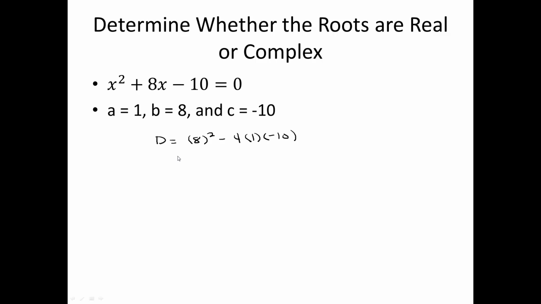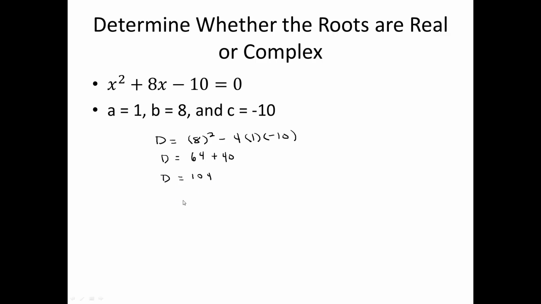We'll simply plug it into that formula and then simplify. So I have 8 squared, which is 64. Then I have negative 4 times 1 times negative 10. Since two negatives are being multiplied, our answer should be positive 40. Add those together, we get a positive 104. We're not really concerned about the number; we're more concerned about whether it is positive or negative.